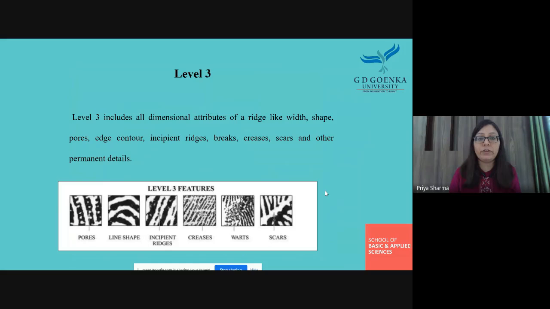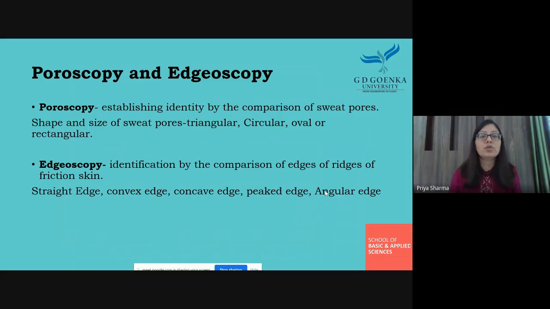Then at the third level, you will see under the microscope these ridges consist of pores, sweat pores. So there is a full-fledged different branch of fingerprint science, poroscopy and edgeoscopy. In poroscopy, we will establish the identity by comparison of sweat pores, the shape and size of those sweat pores, and in case of edgeoscopy, the shape of the edges.